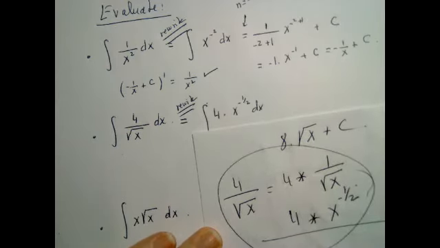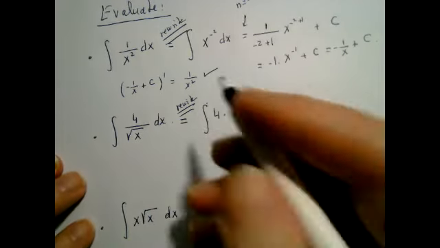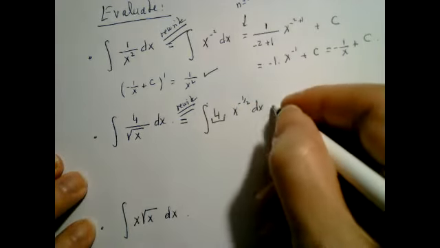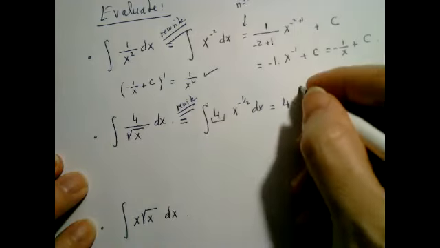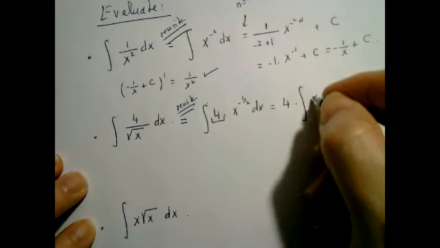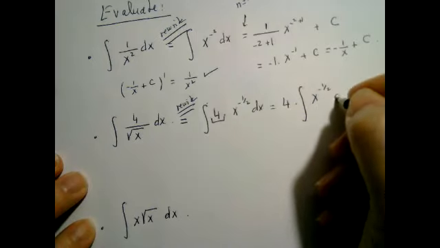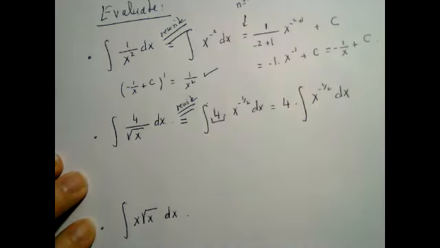That's the first step, rewriting. Now, 4 is a constant, and a constant can be taken out. I will mention this rule again. I should have mentioned it before giving you this problem: 4 times this integral.